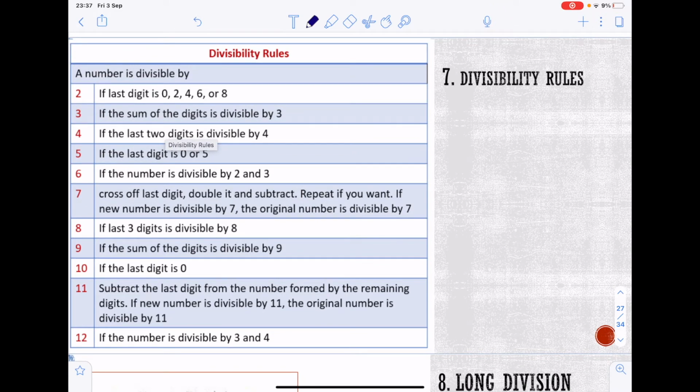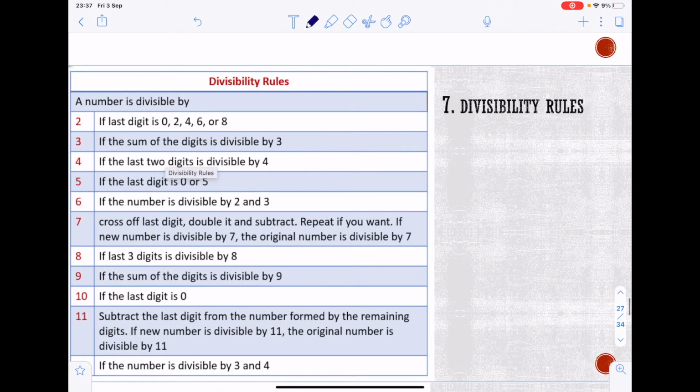Now we have the divisibility rules. In the divisibility rules, you have to know the rules of the most popular numbers. Let's see the first one. A number is divisible by 2 if the last digit, the ones, is 0, 2, 4, 6 and so on.